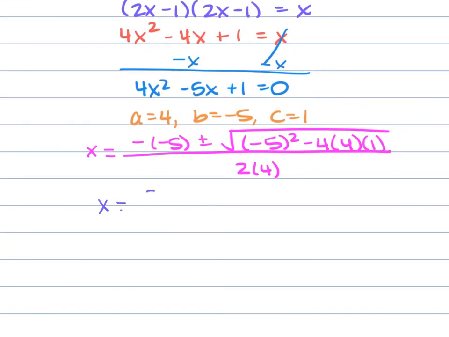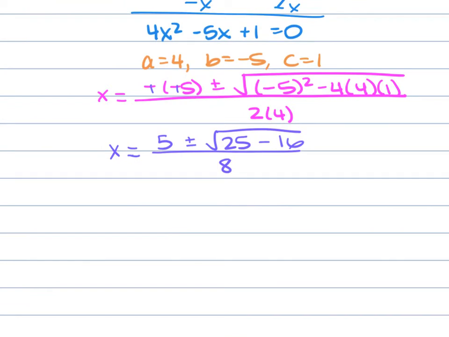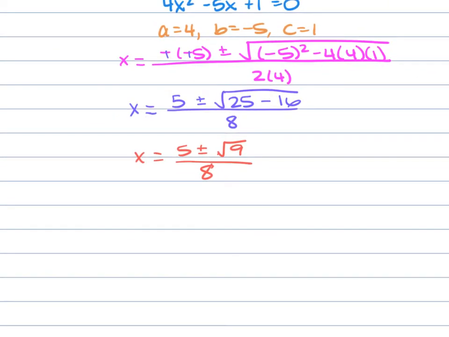So x is equal to 5 plus or minus the square root of 25 minus 16 all over 8. The 25 minus 16 is 9, so x is equal to 5 plus or minus the square root of 9 over 8. So we're going to have x is equal to 5 plus or minus 3 over 8.